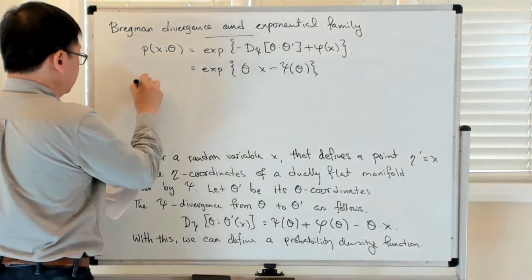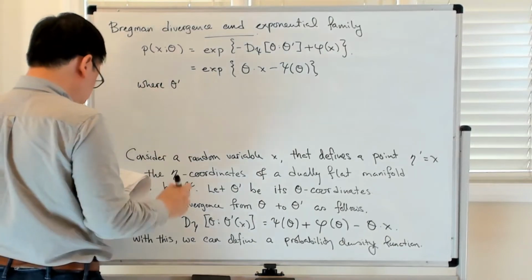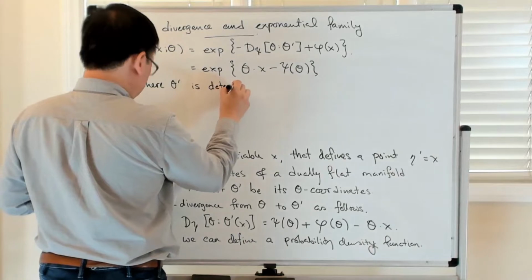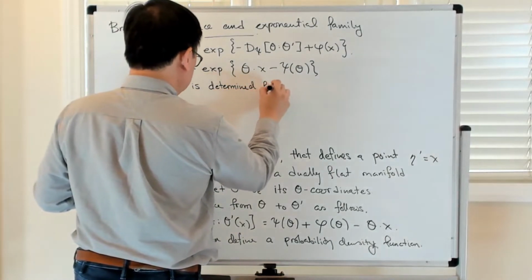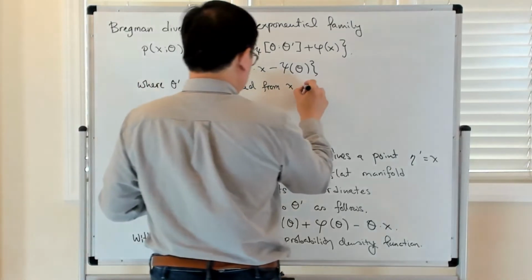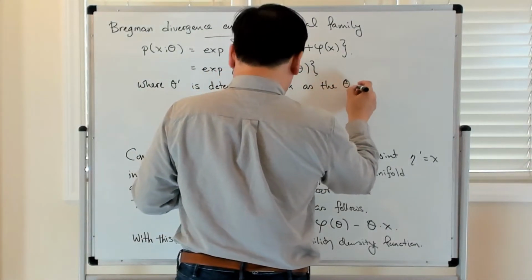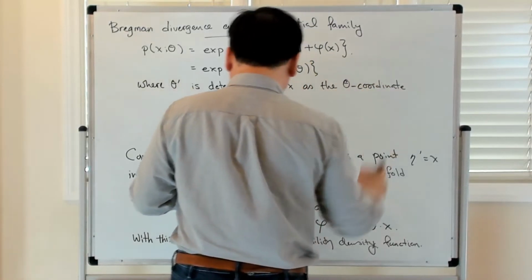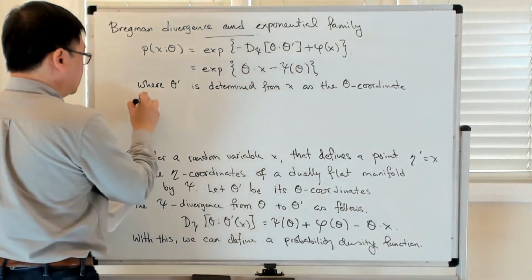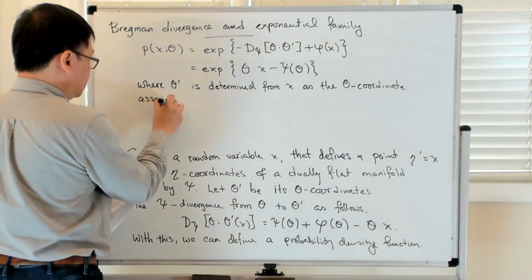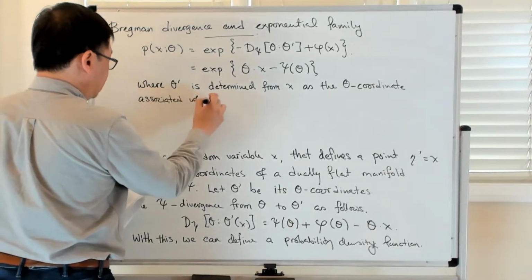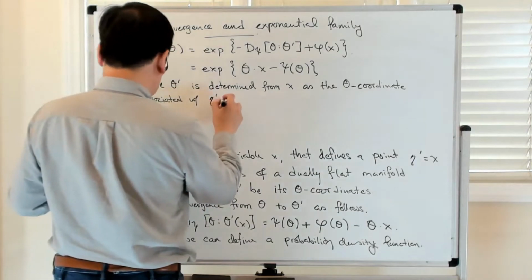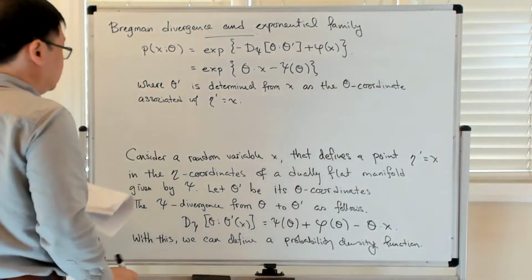Where theta prime is determined from x as the theta coordinate associated with a point eta prime, in the eta coordinate system, which is just x.